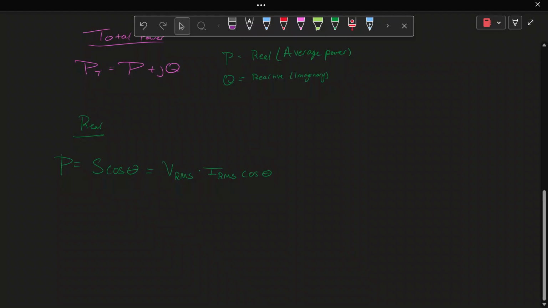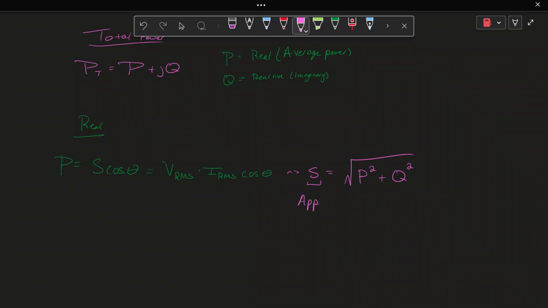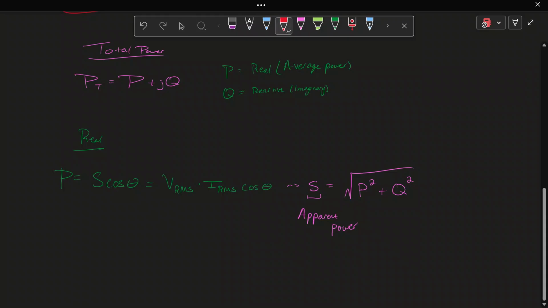Where did this S come from? Well, S is going to be equal to the square root of your P squared, your average power squared, plus your imaginary power squared, or your reactive power. And this is going to be your apparent power. It's called apparent. So it's essentially the magnitude of your total power.